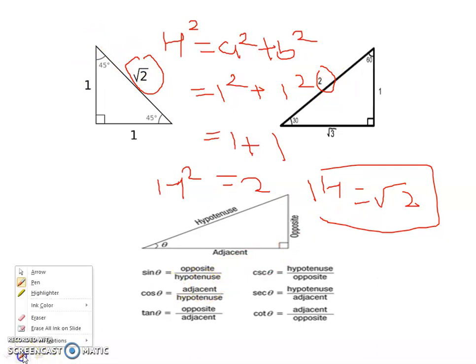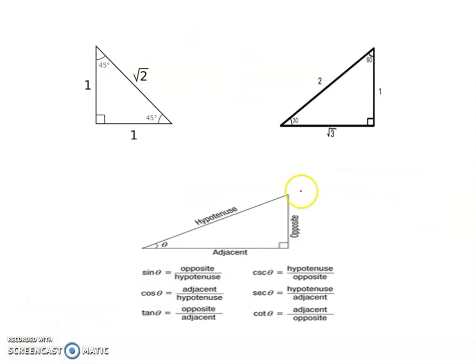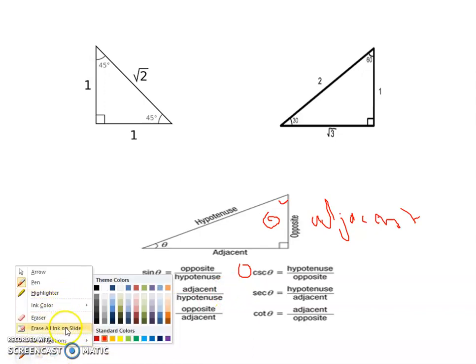Now the main thing we have to cover is that we must know hypotenuse, adjacent and opposite. It totally depends on which angle we consider. If I take theta, the adjacent side is this, the opposite side is this and this is the hypotenuse. If we consider theta here, then this is adjacent, this is opposite and this is the hypotenuse.